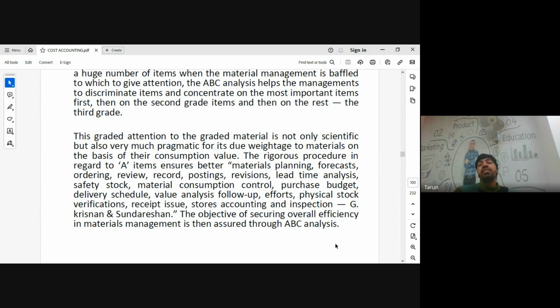Because A listed items always ensure better material planning, forecasting, ordering, review, record posting, revision, lead time analysis, safety stock, and of course follow up, delivery schedules, inspection, store accounting, any verification required, which has been given by Krishnan and Sudarshanan. The objective is to control the overall efficiencies in the management, and that can be maintained by using the ABC analysis tool.